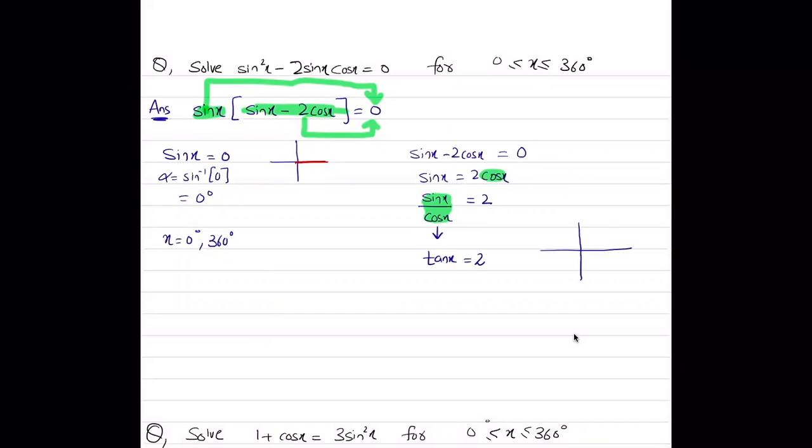Tan x is positive. So tan x is positive in the first and the third quadrant. So that's going to be your basic angle, and this is going to be your basic angle. The value of x is going to lie in the first quadrant and then in the third quadrant. As far as the basic angle is concerned, it is just going to be tan inverse of positive 2. So what is tan inverse of positive 2 coming out to be?